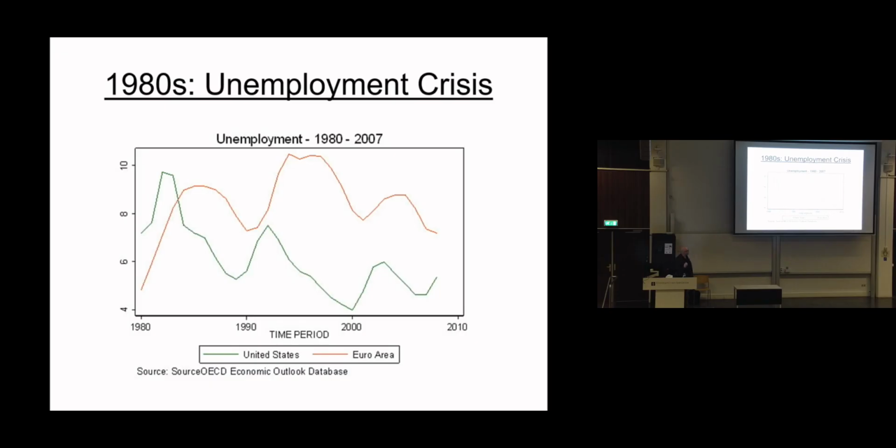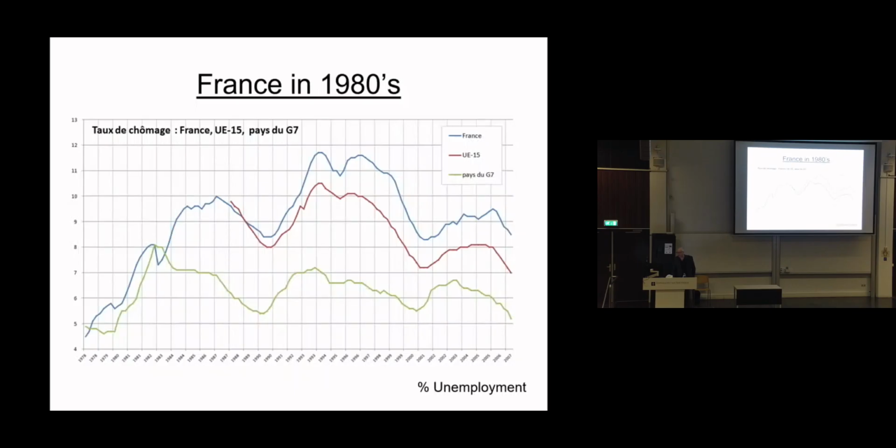Again, we can see that here, a comparison of the United States and the Euro area for unemployment. And we can see that after the 1980 crisis caused by Ronald Reagan, unemployment in the United States goes down fairly quickly. The Americans have a more flexible labor market, and in Europe, unemployment remained high.